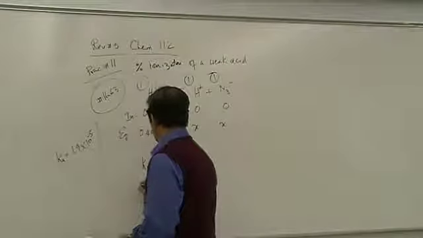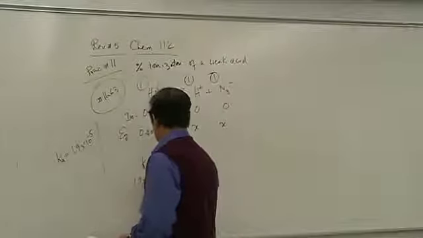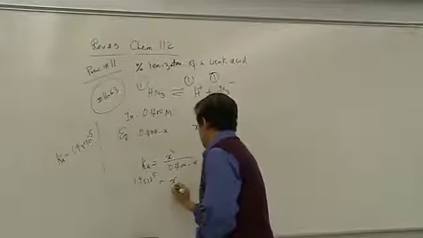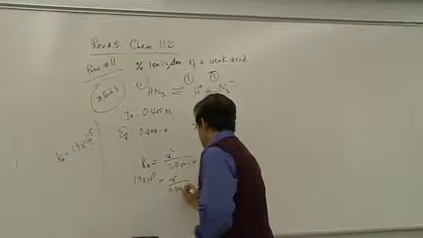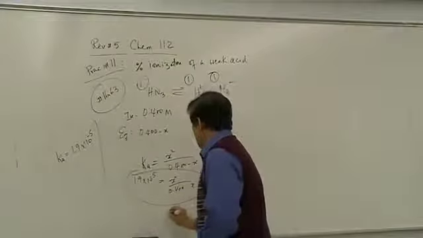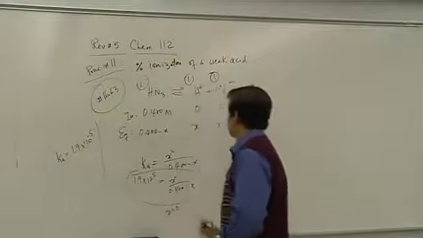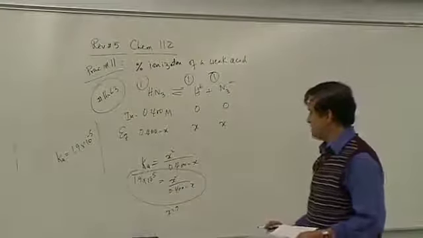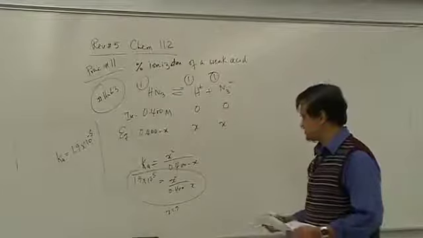So you can write down here 1.9 times 10 to the negative 5 equals X squared by 0.400 minus X. Next, you need to solve the problem for X, because that would give you H plus concentration, and then we can get percent ionization.